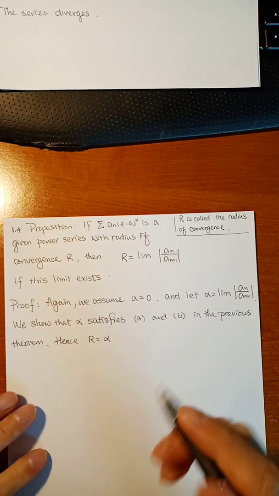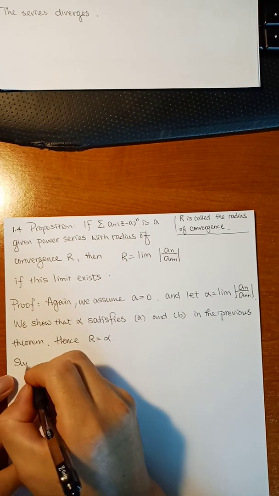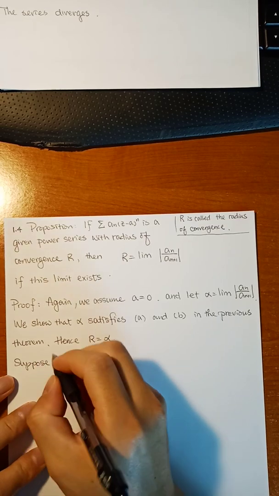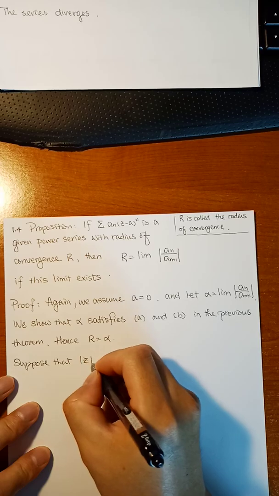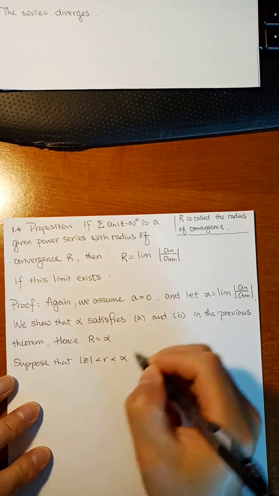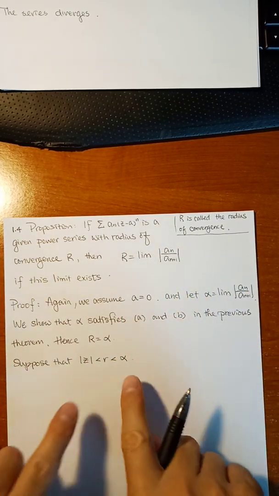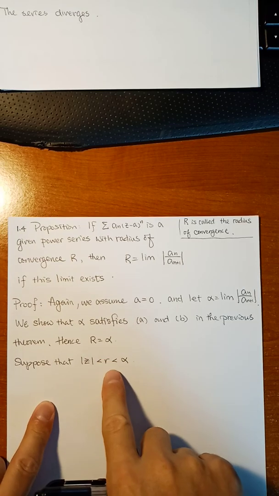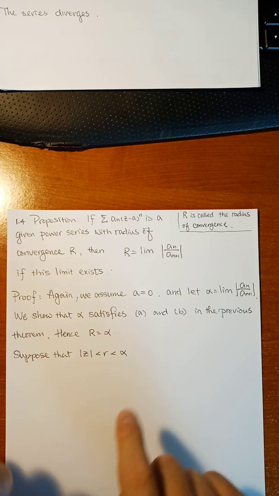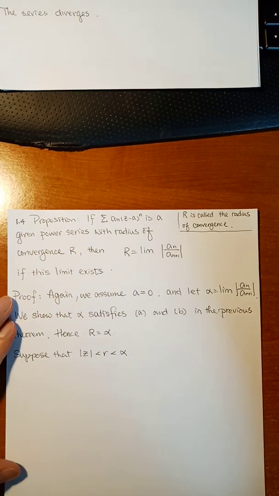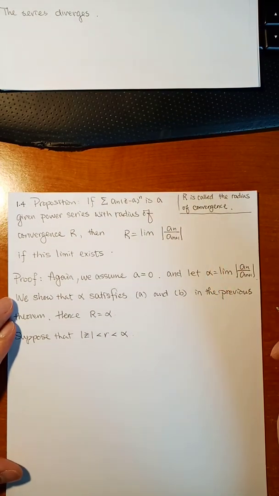Okay, so now let's see. First, suppose that the absolute value of z is less than r less than alpha. Basically, suppose z is less than alpha, then we insert a little r between those two numbers. Every two real numbers, there's always a third real number between them, right?